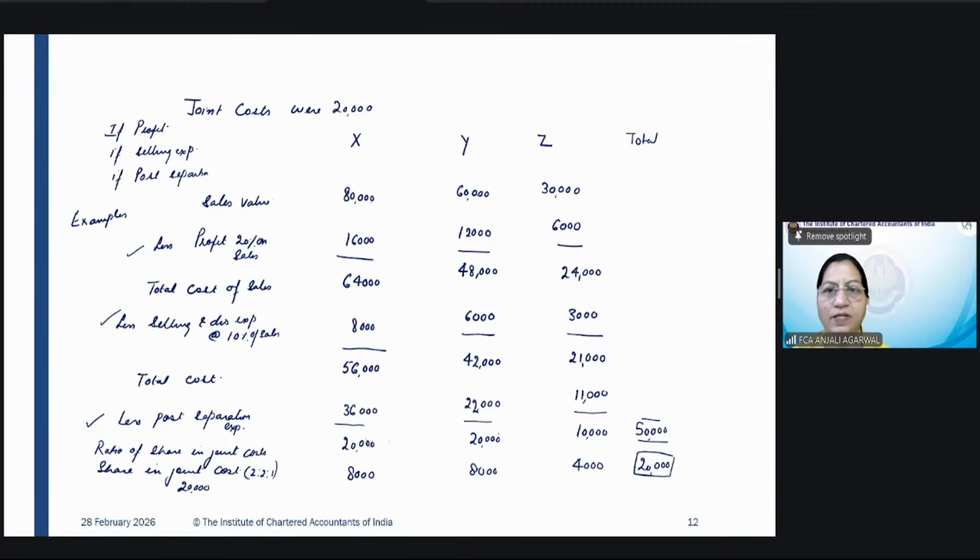So sales value 80 plus 60, 140, 140 plus 30, 170. Your profit is 34,000. So your total cost of sales should be 1,36,000, in which the selling and distribution expenses should be 17,000.